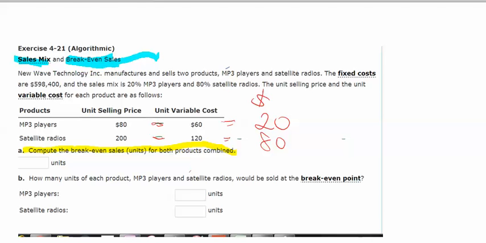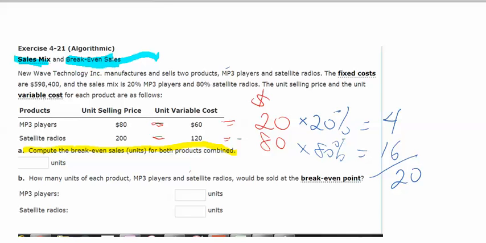So we can take this next step. I'm going to multiply the $20 times 20%, and of course that equals $4. And then we're going to look at the 80% for the satellite radios. So that's the percentage of sales that the satellite radios represents, and that's going to be $16. So our combined contribution margin in this case, based on the sales mix, is $20.